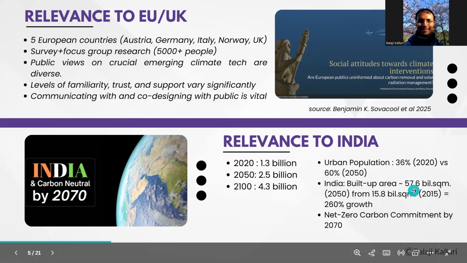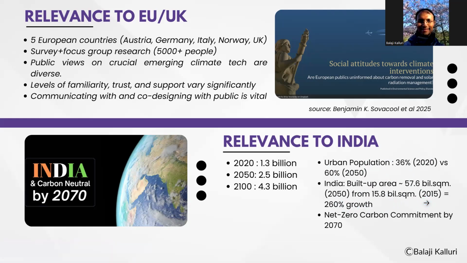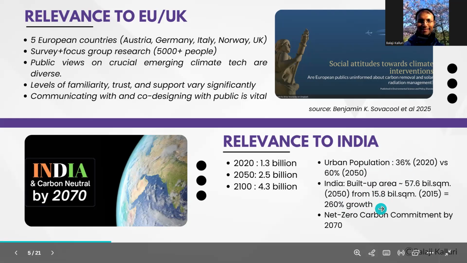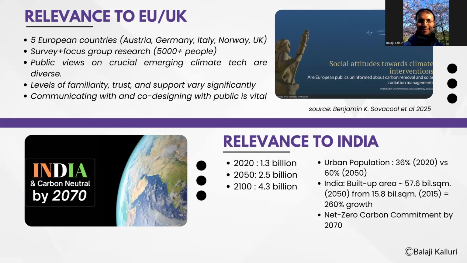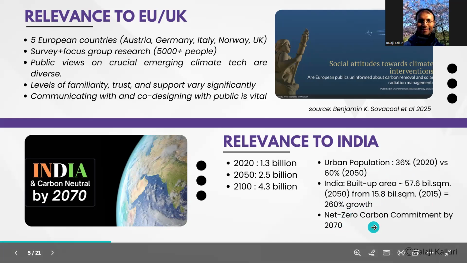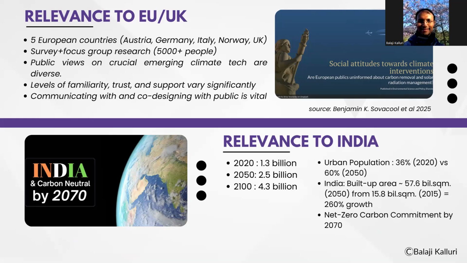And we currently have about 57 billion square meters of built space expected to be built by 2050, about 260% growth from how much we had built in urban India in 2015. So that's the kind of growth that we are anticipating, that buildings will contribute to, or will have an impact on, in urban India. At the same time, we have also committed to carbon neutrality, and there is a long journey.